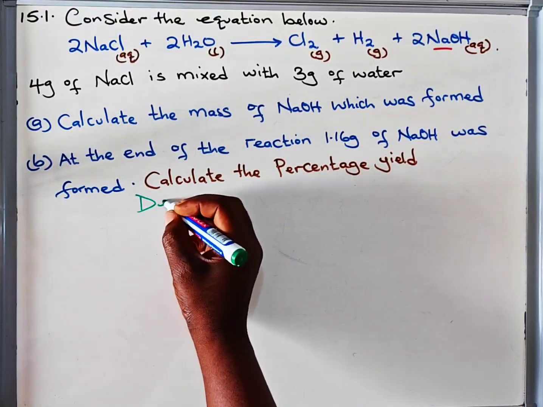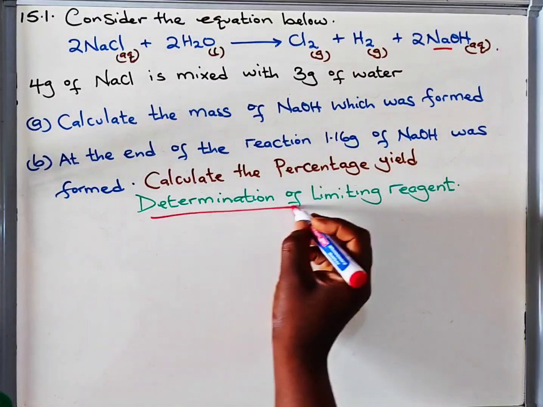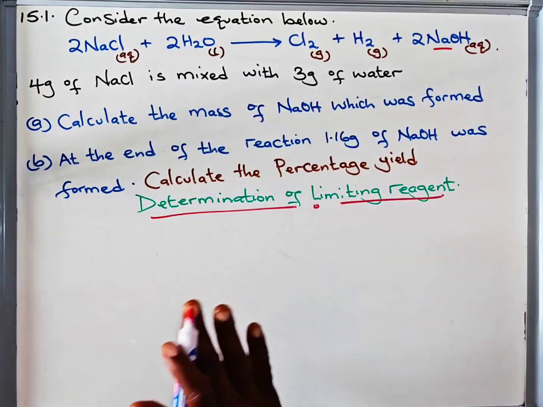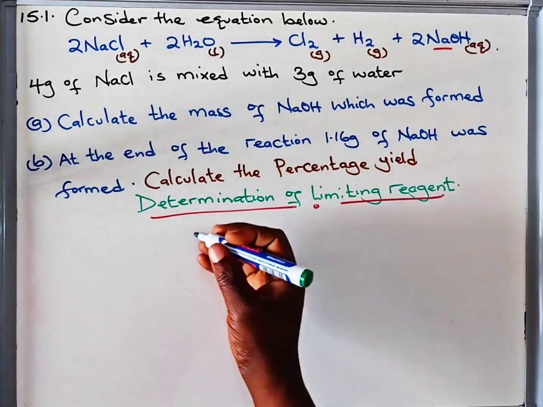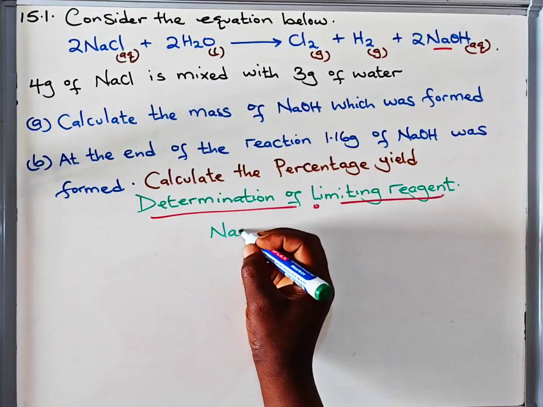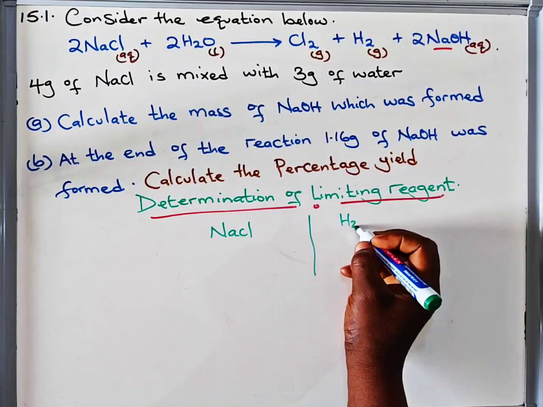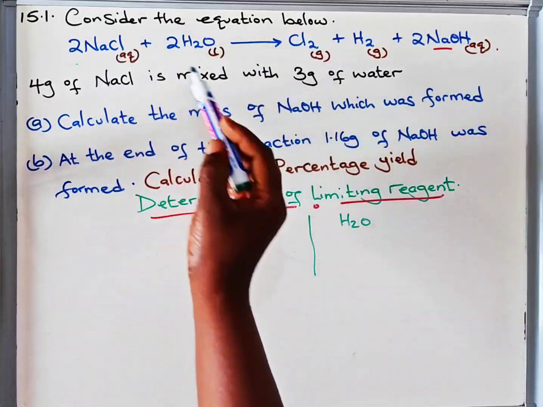So let us have that. Let us determine which is smaller, the one which will get finished. The first step is to have both our reactants. We have sodium chloride and water. Our next step is to look at the ratios.